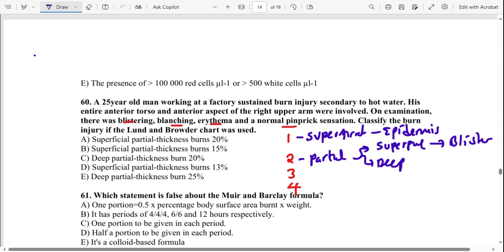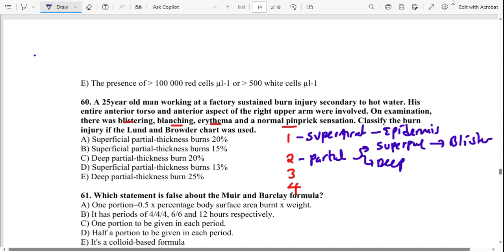Looking at the area involved, the superficial partial involves the epidermis, including the upper part of the dermis, the papillary dermis. But the deep partial involves the entire epidermis and the entire dermis, including the papillary layer and also the reticular layer.